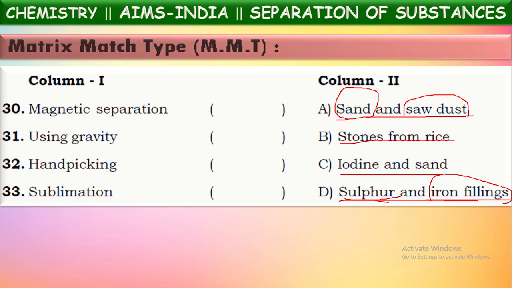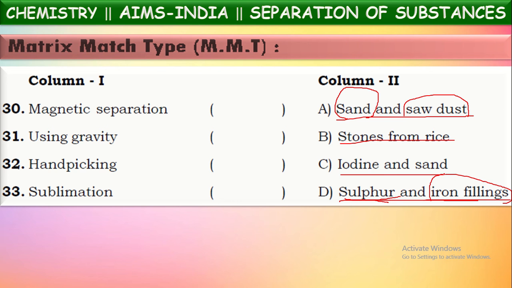If you heat this mixture, immediately iodine will start converting into gaseous form because iodine is one of the sublimable substances. Those vapors of iodine will be collected and cooled. Then we can collect iodine in solid form again in another container, and sand will remain behind. In this way, we can separate the iodine and sand mixture by the process called sublimation.